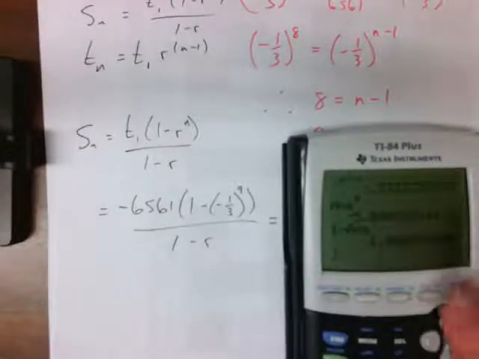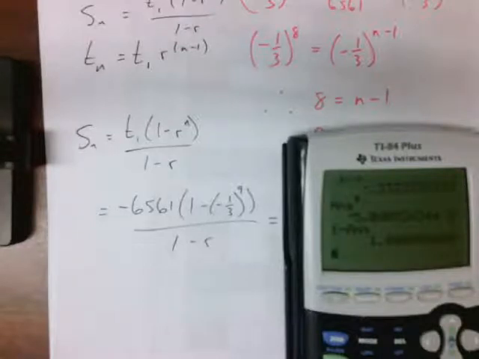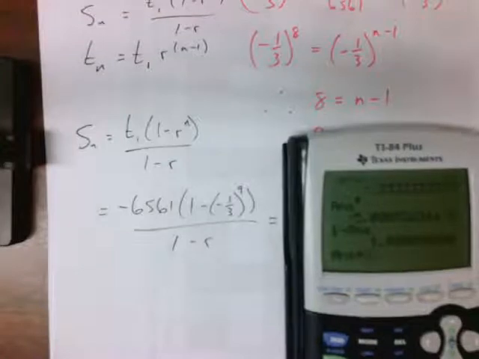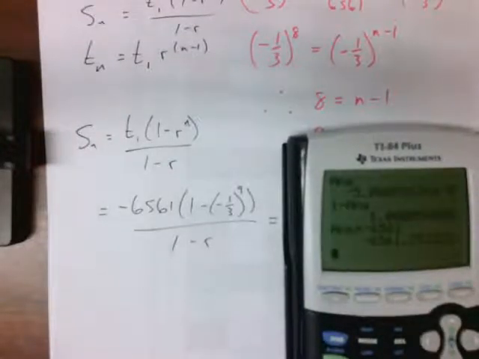Keeps it good. 1 minus that is going to be that. Then I'm going to multiply that by negative 6561, which equals that. And then I'm going to divide it by 1 minus r, divided by 1 minus negative 1 over 3.